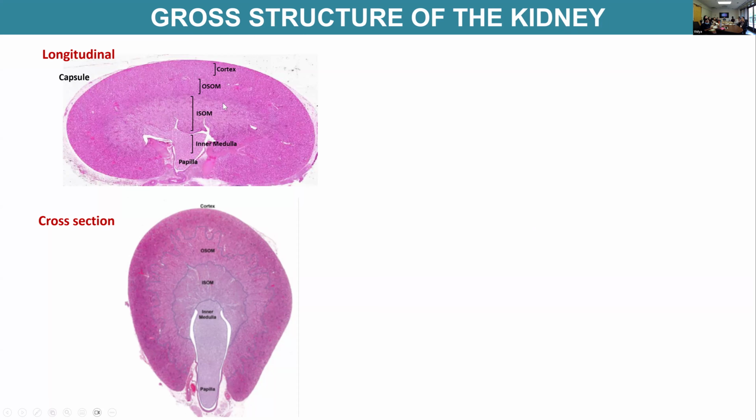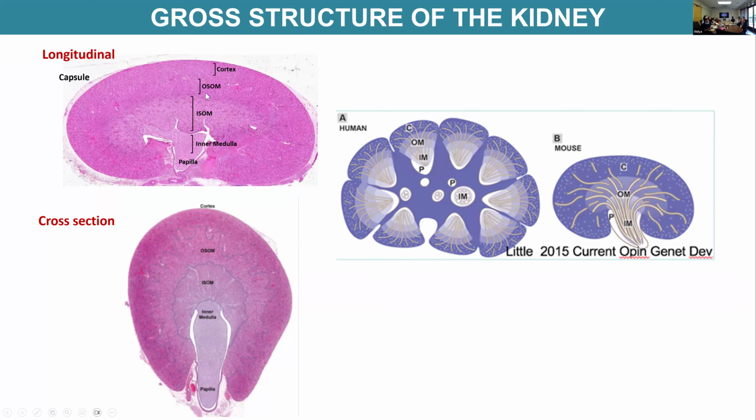This is followed by the outer medulla, which has the outer stripe of the outer medulla and then the inner stripe of the outer medulla. And this is the inner medulla. The tip of the kidney is called the papilla. The mouse kidney has a single papilla, whereas the human kidney has several papillae.